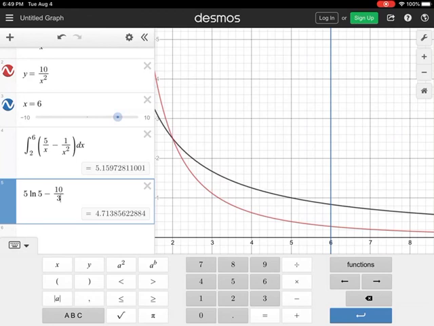Actually, it's 5 log of 3, not 5 log of 5. Gotta be careful. 5 log 3 minus 10 thirds. And so those do not agree.